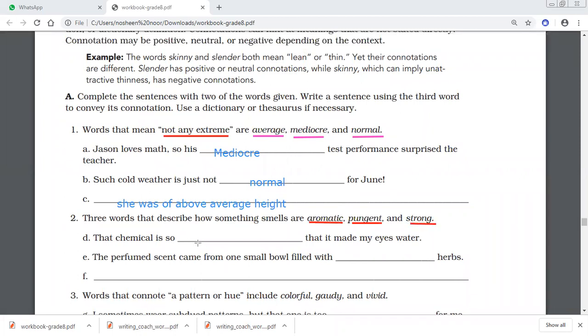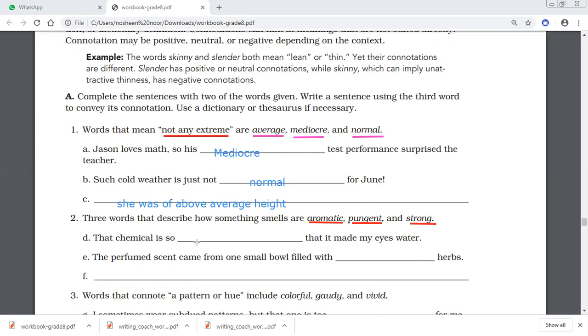Okay. Now, aromatic, pungent, and strong are all smells, but they have different connotations depending on how we feel or associate ourselves to them. Aromatic is a smell that is sweet scented. It usually comes out of herbs and flowers, so it is a good kind of fragrance. We call it fragrance because it is good and pleasing to the nose.